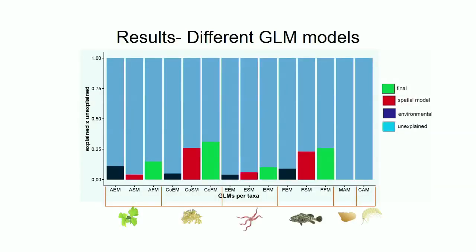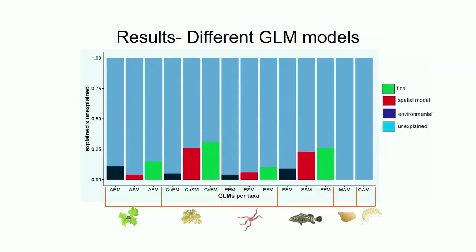When we took those environmental and spatial variables for each one of the taxonomic groups, what strikes first of all is that most of the variation in composition is unexplained, and that holds for all the taxonomic groups. For crustaceans and mollusks, we could not find any environmental or spatial descriptor capable of explaining this variation.